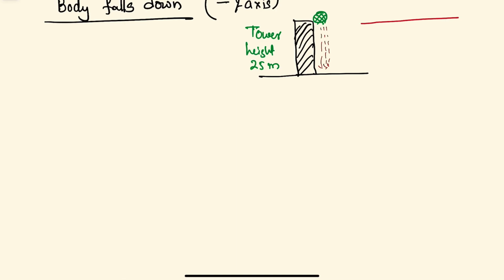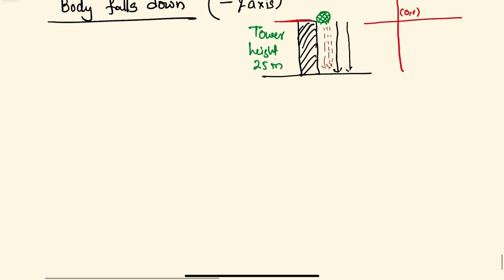So this is the reference for us. This is the starting point 0 comma 0. So this is called the negative y-axis from this one. What is happening as it is falling down, the position along the negative y-axis is increasing. Of course velocity is also increasing.